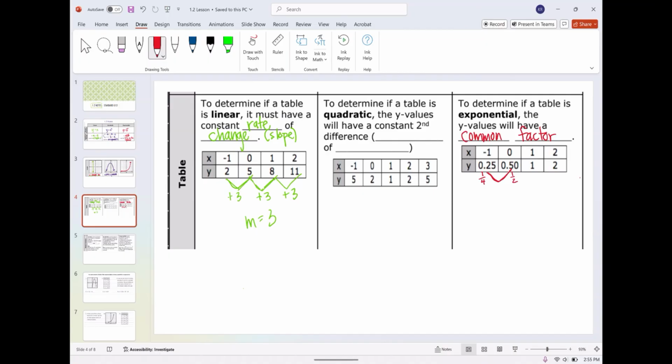I also like fractions. So 1/4 to 1/2. What is it being multiplied by? Or 1/2 to 1. Or 1 to 2. So looks like here we're multiplying by 2 each time. Multiplying by 2, right? So we know that's for sure going to be exponential. And if we had to write an equation for this, we know the growth factor, or our b, is going to be 2.